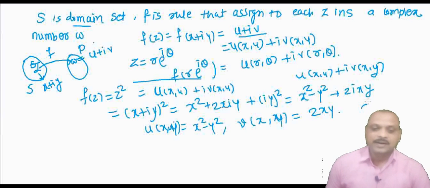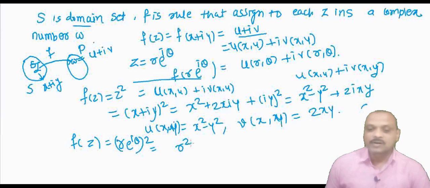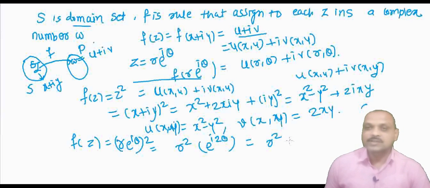Now in terms of r and theta, suppose f of z is equal to r into e raised to i theta whole square. This is equal to r square into e raised to 2 i theta, which is equal to r square into cos of 2 theta plus i into sine 2 theta, by using Euler's rule.